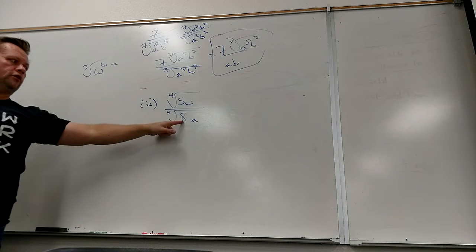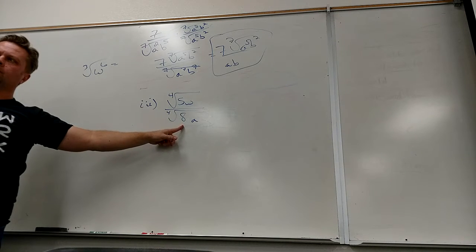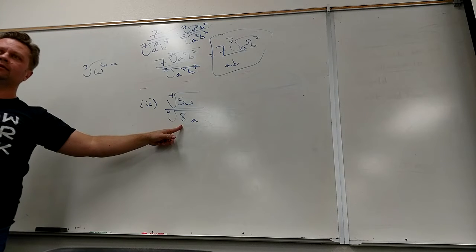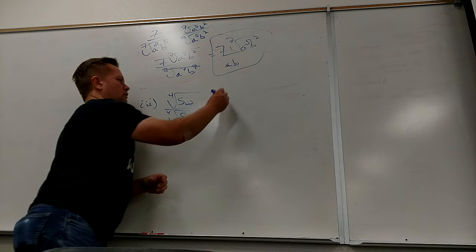Do I need 3 more 8s, or is there a better way to look at this? When you have a number, it might be hiding what it's already got. What has 8 already got in it? How many 2s? 3. So this is really 2 cubed.